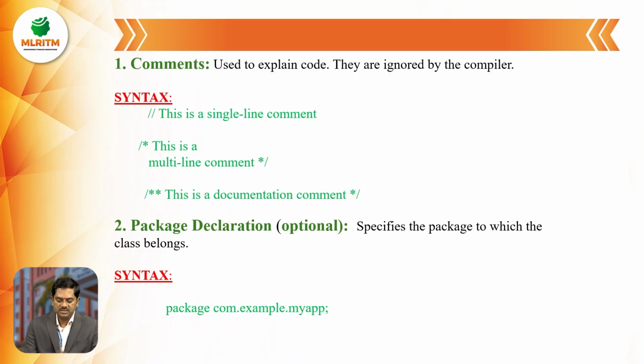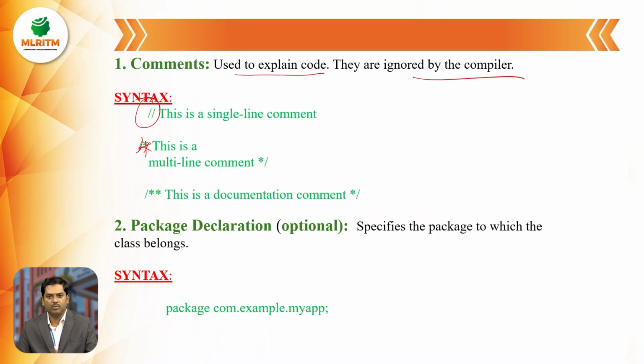A comment basically tells you about the code part. It explains the code, but the compiler doesn't take it into account. Any line you want to comment, we simply use a double slash. That is a single-line comment. For a multi-line comment, it starts with a slash and a star and ends with a star and a slash.